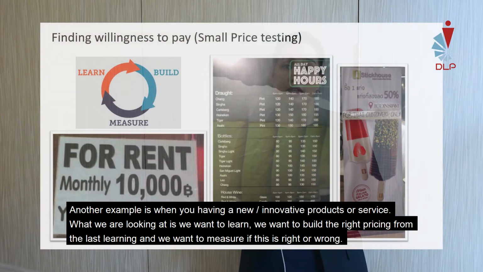Another example is when you have a new innovative product or service. We want to learn, we want to build the right pricing from the last learning, and we want to measure whether this is right or wrong.